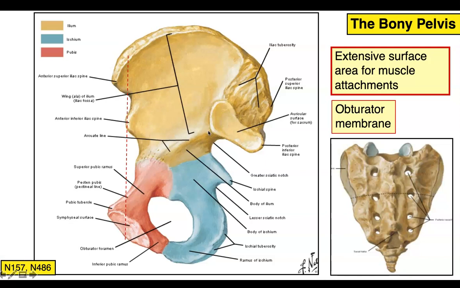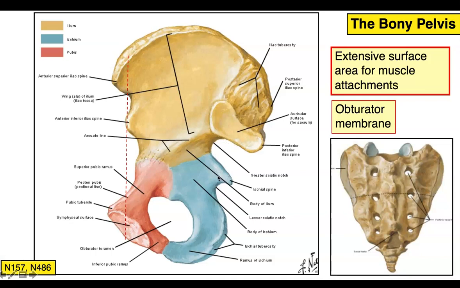And also on the pelvic surface, there is a line over the ilium that is called the arcuate line. This arcuate line is continuous with a sharp crest on the superior ramus of the pubis, which is called the pectineal line or pecten pubis. And posteriorly, along the posterior border, as I already mentioned, there is a notch, the greater sciatic notch.